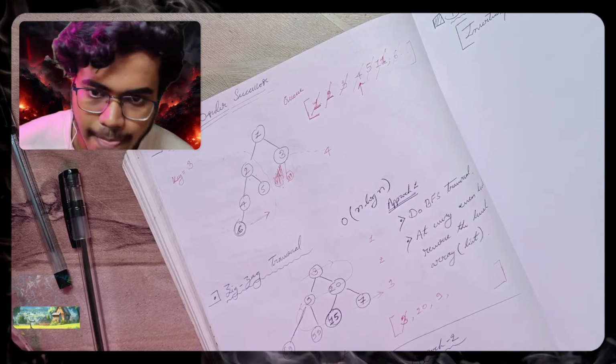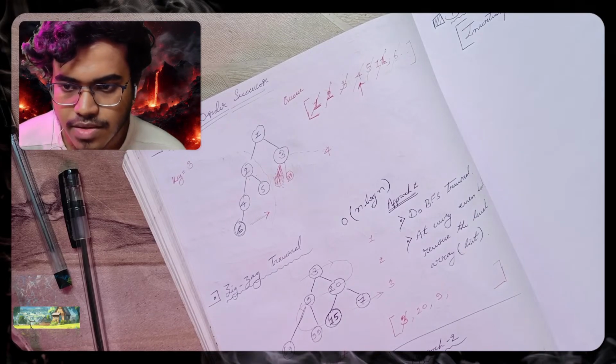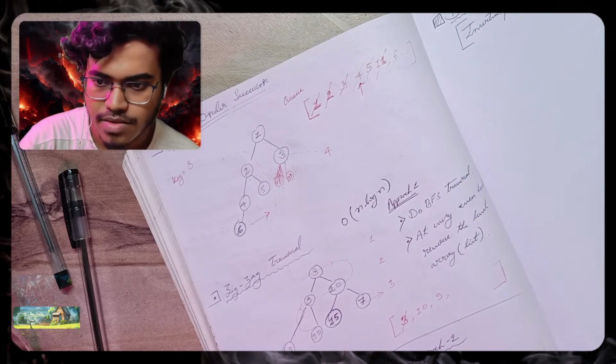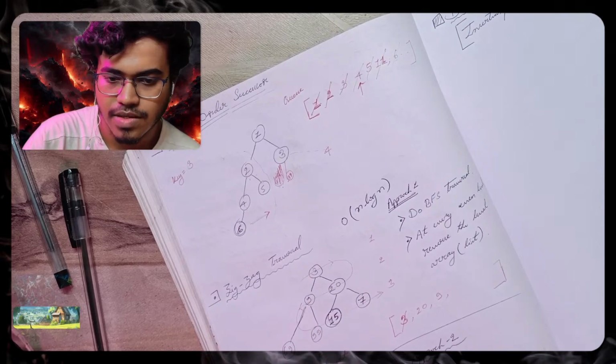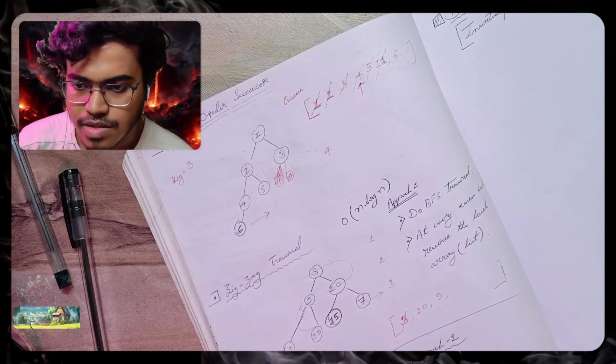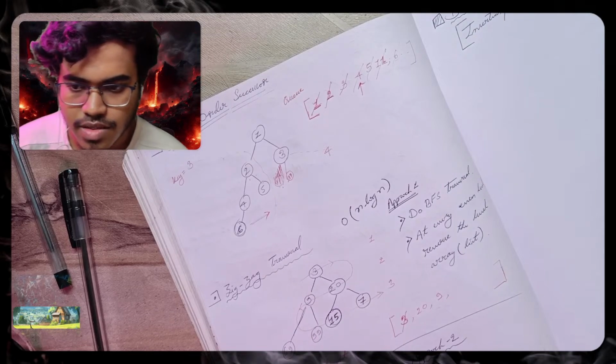So let me see it once more. When I know there's level 1, I will have 1, and I will be like, okay, I will just print 1, add in 2 and 3. Not a problem.